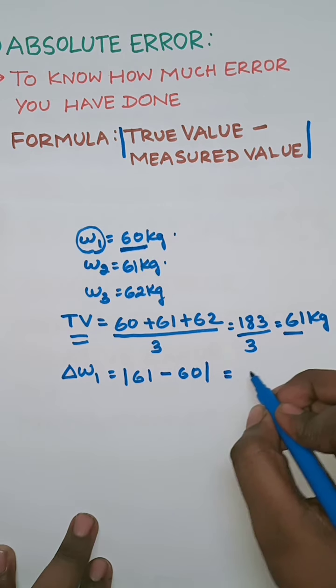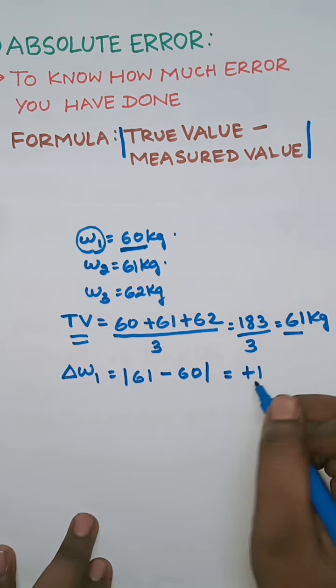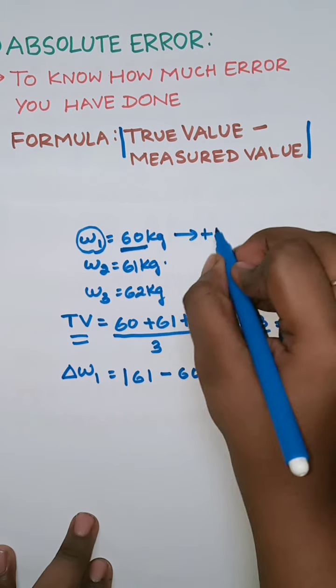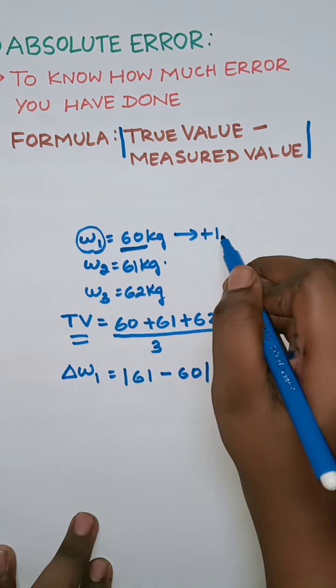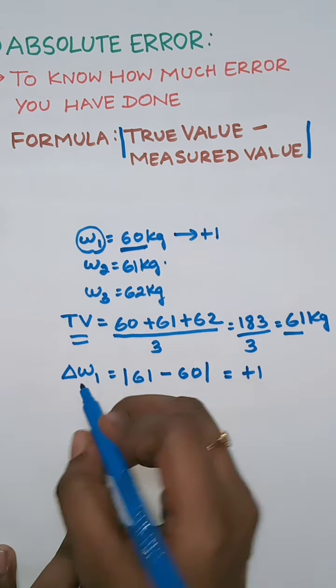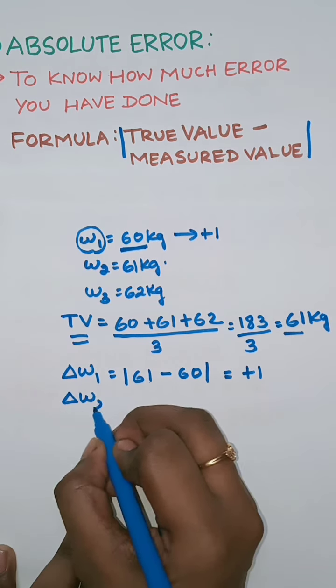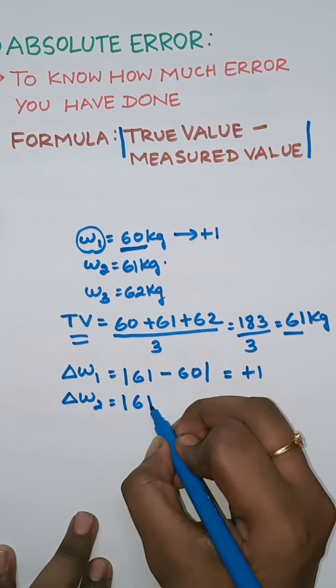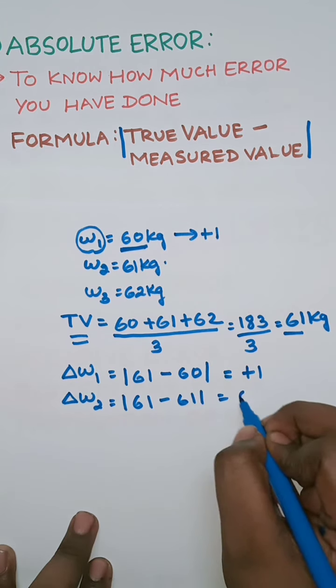Then what is the answer? Plus 1. So the absolute error of W1 is plus 1, which means if I add 1 to this, I will get the true value. Then what is the absolute error of W2? Modulus of 61 minus 61, which is nothing but 0.